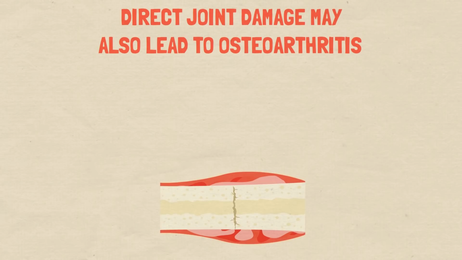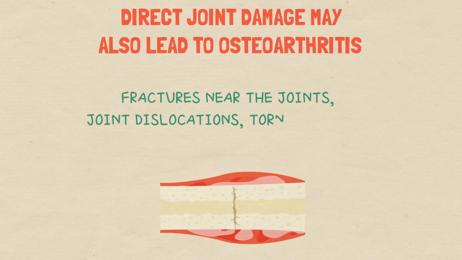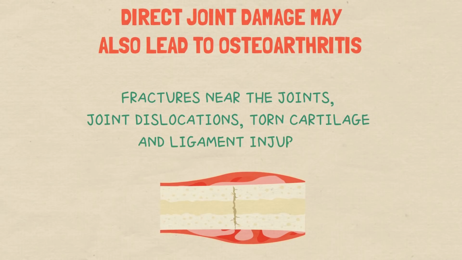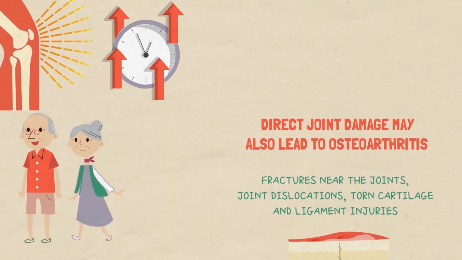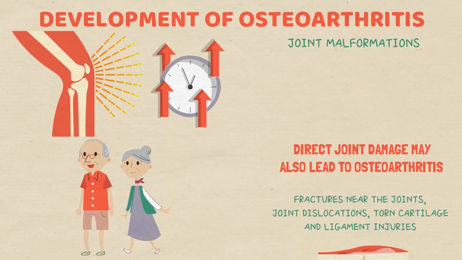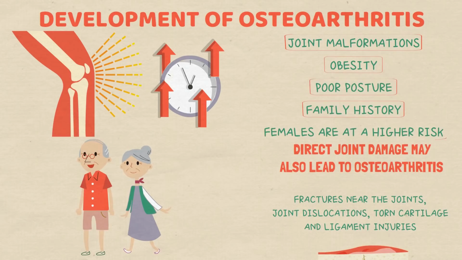This includes factors such as fractures near the joints, joint dislocations, torn cartilages, and ligament injuries. Other causes that can lead to osteoarthritis include joint malformations, obesity, poor posture, family history, and in some cases, gender. Females are usually at a higher risk due to menopausal changes.